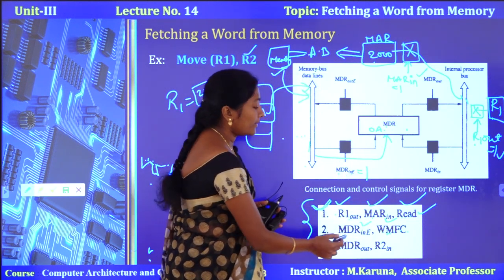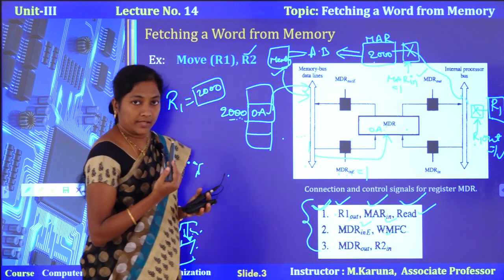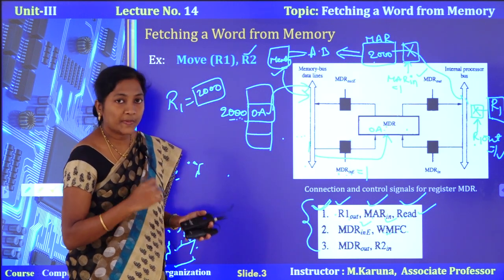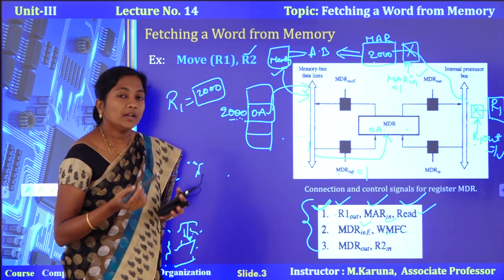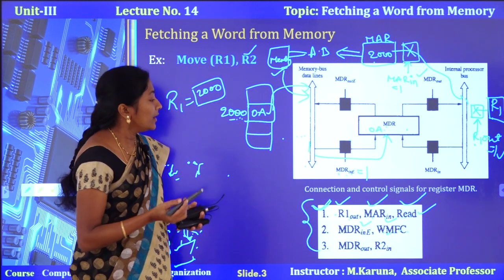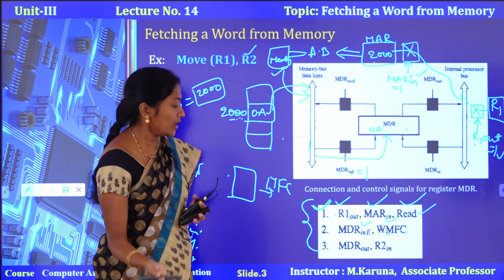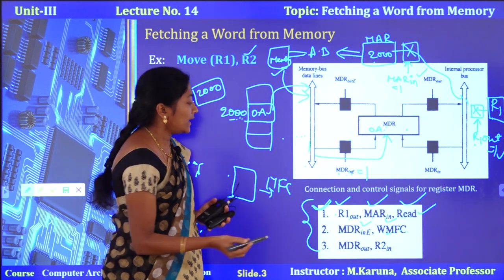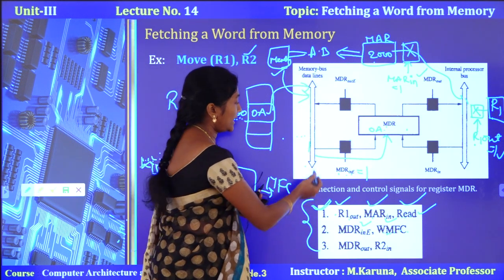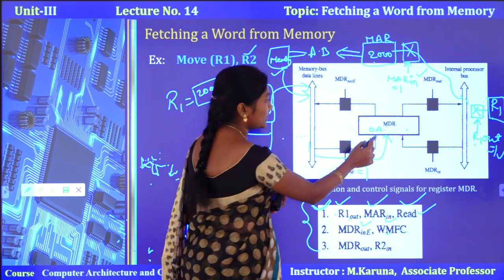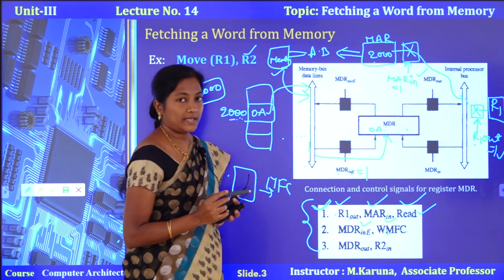Whenever the data at that address is placed on the data bus, the memory issues the memory function complete signal to the processor. Then the data is placed from the data bus into the MDR register.